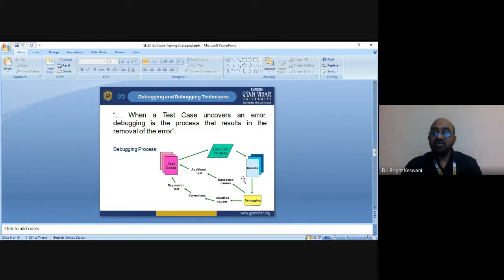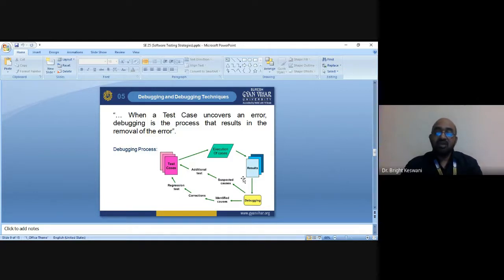Okay, the first outcome is that the cause will be found, corrected, and removed. And second is the cause will not be found. So there may be only two outcomes. As per the first outcome, the cause is found, then corrected, and then removed. And the second expected outcome is that the cause will not be found.